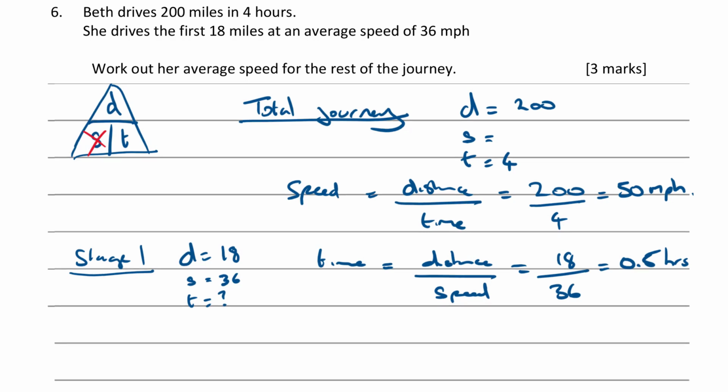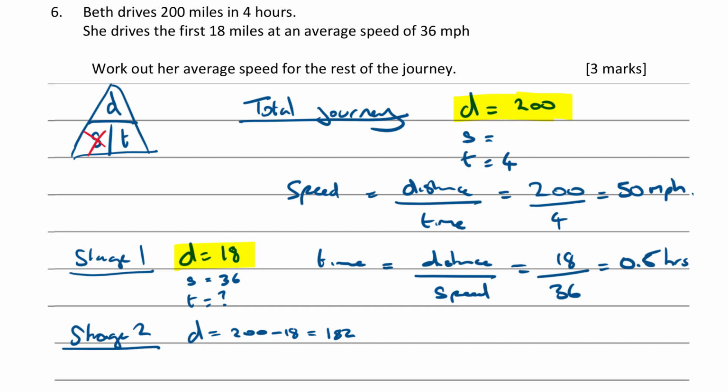Okay, so then stage 2 of the journey, what do we know about this stage? Do we know anything about it? We know the total distance travelled was 200, and we know that distance travelled in stage 1 was 18. So the distance travelled in stage 2 is going to be 200 minus 18, isn't it? That's going to be 182 miles.